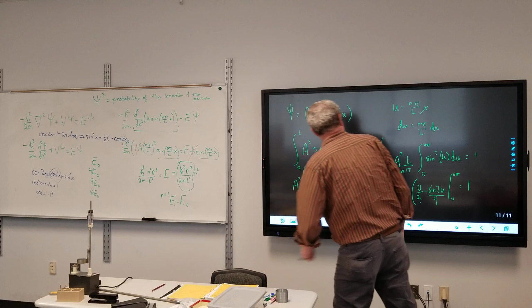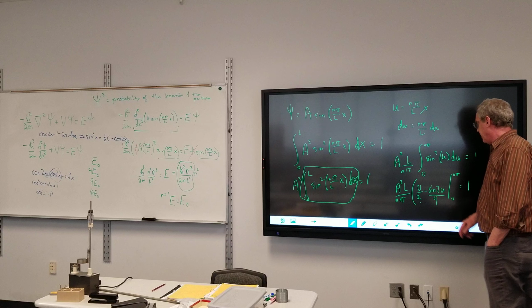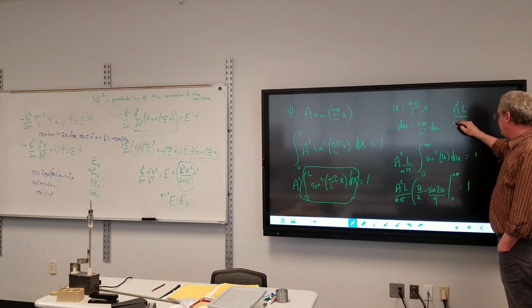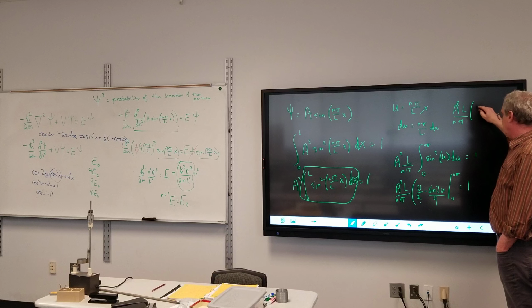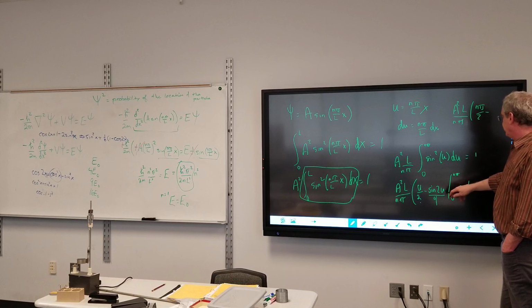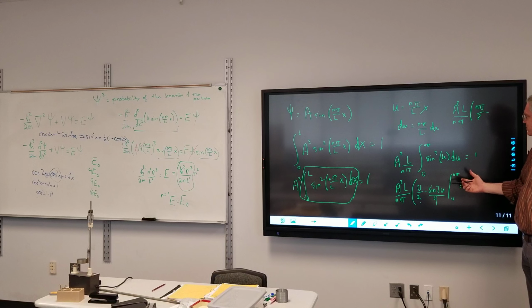All right, little plug and chug, plug in n pi, and so we have A squared L over n pi times n pi over 2 minus 0 minus, plug in n pi here. Well, that's just going to be 0, because for any multiple of pi, sine is going to be 0.